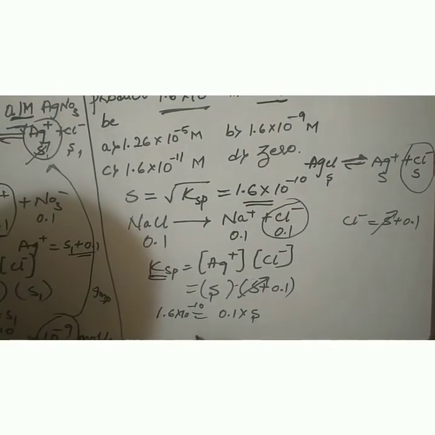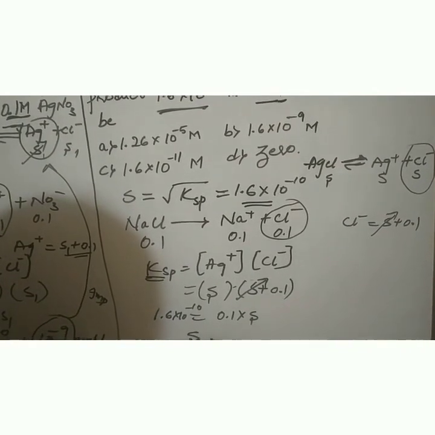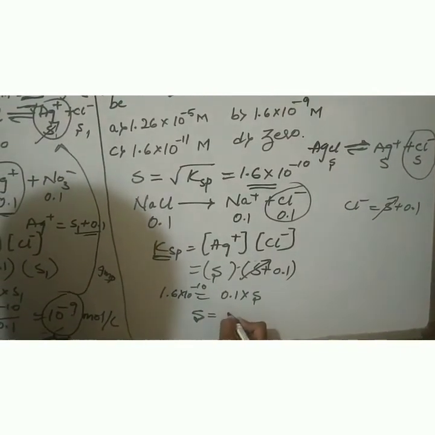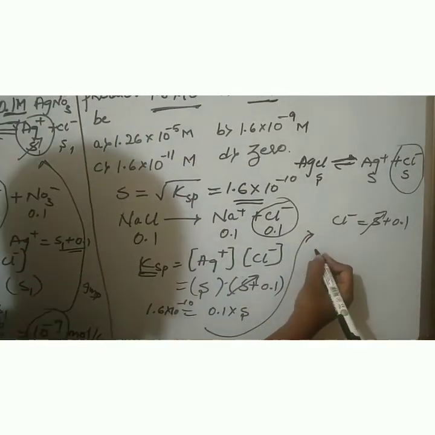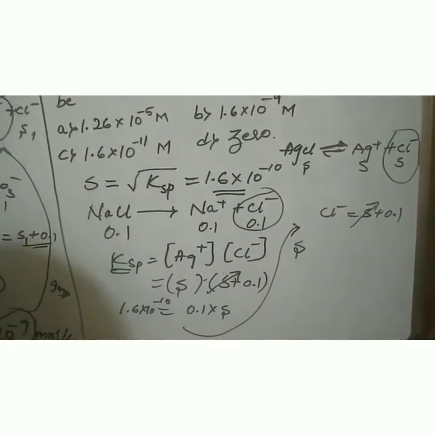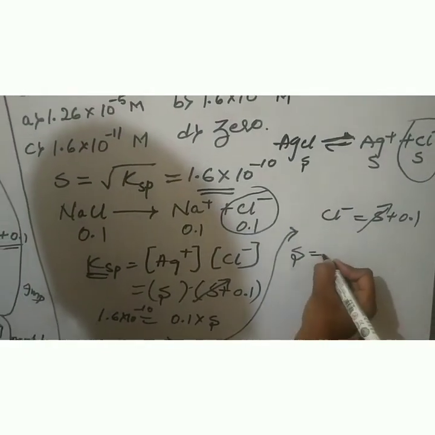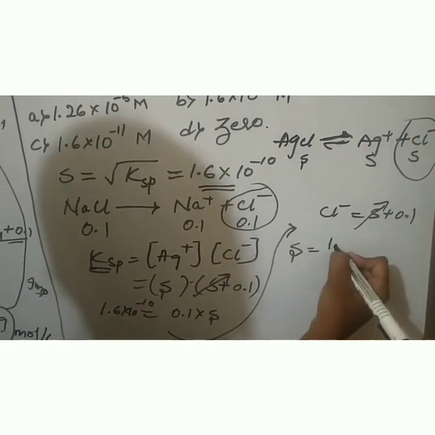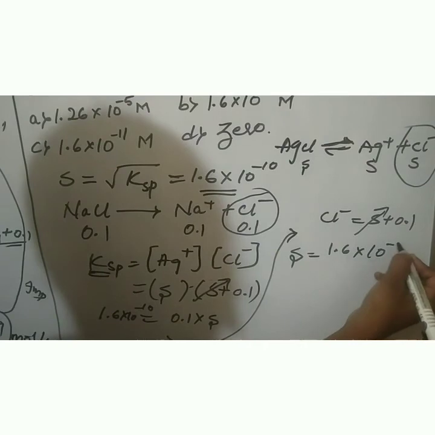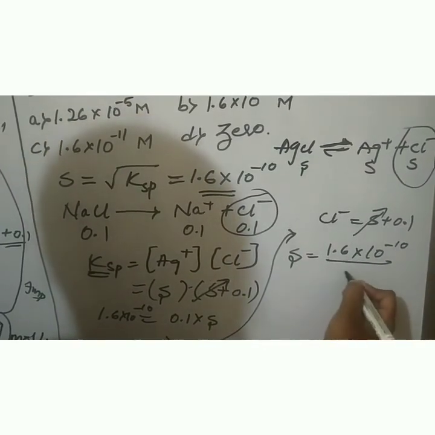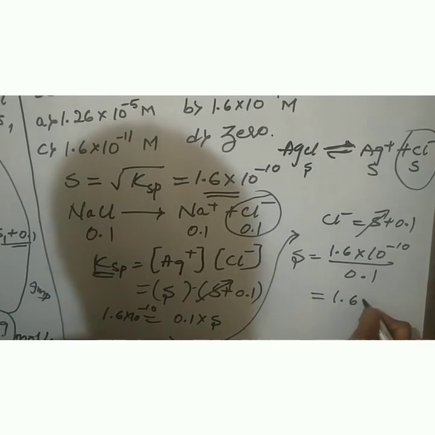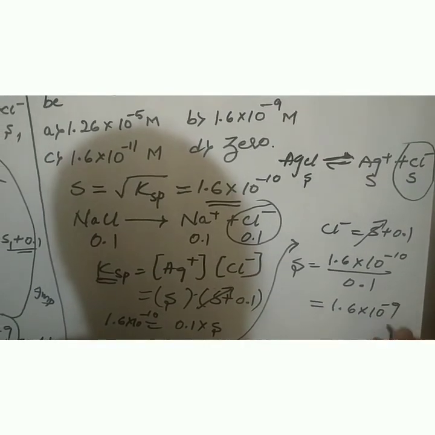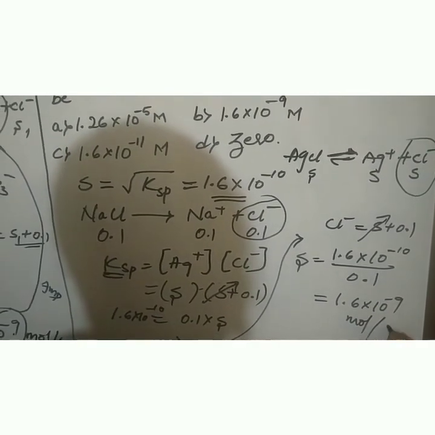If you take this, S is equal to 1.6 into 10 raised to minus 10 divided by 0.1. Then the value is 1.6 into 10 raised to minus 9 moles per liter.